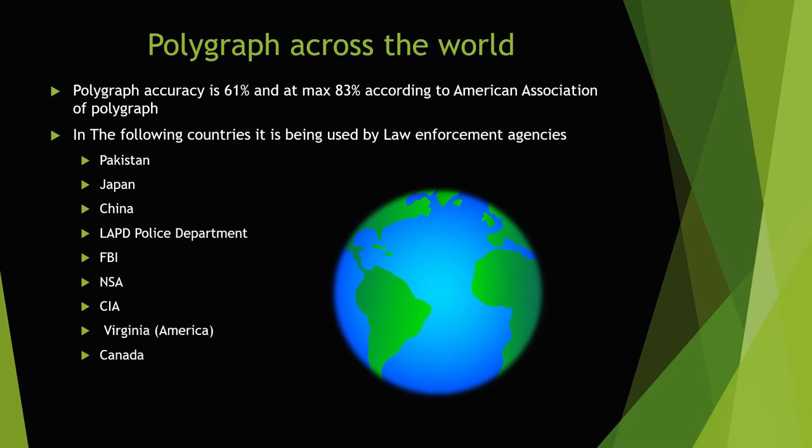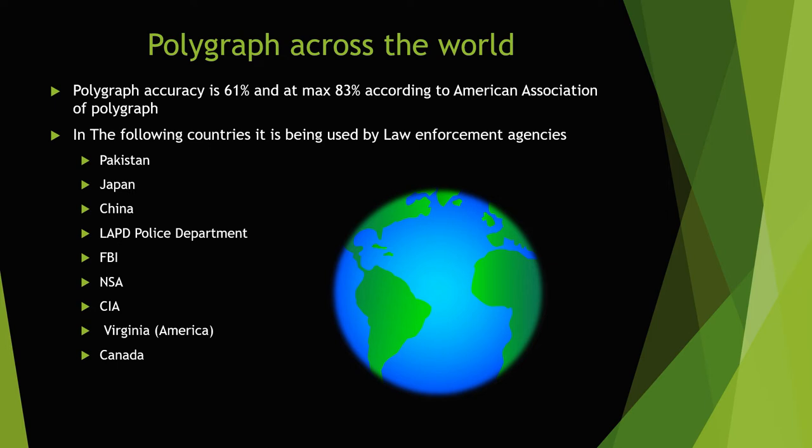The Los Angeles Police Department is the only polygraph accredited institute, but admissibility in court is still not applicable, and they use the polygraph for non-judicial settings. In Canada, police use the polygraph in their investigation, but the Supreme Court of Canada has rejected the polygraph as evidence to support the credibility of a witness.